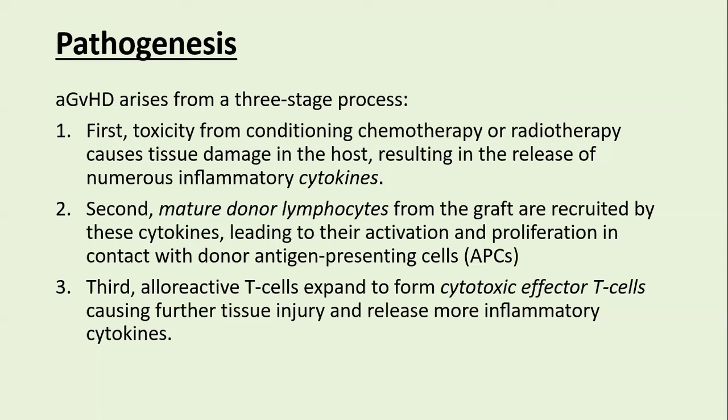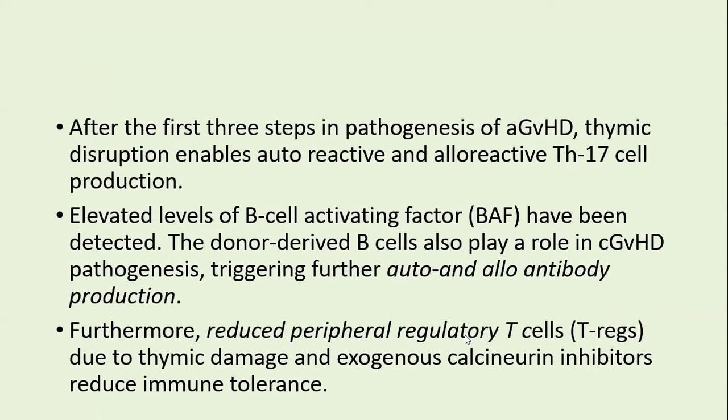So these T cells then produce the effector T cells, and these effector T cells will result in damage to the recipient tissue. In addition, B cell activation also occurs, producing the auto and allo antibodies.